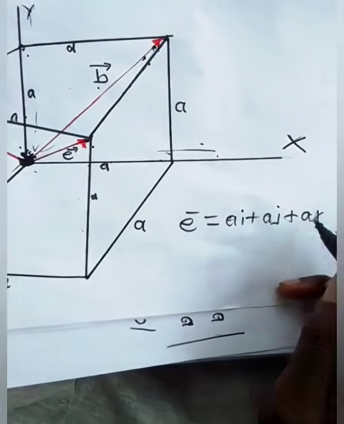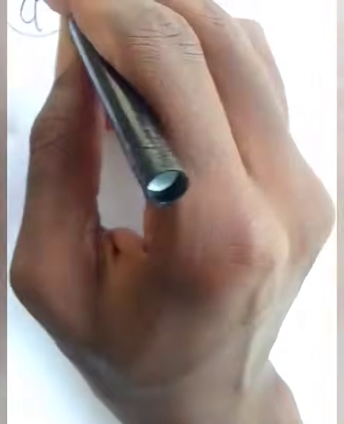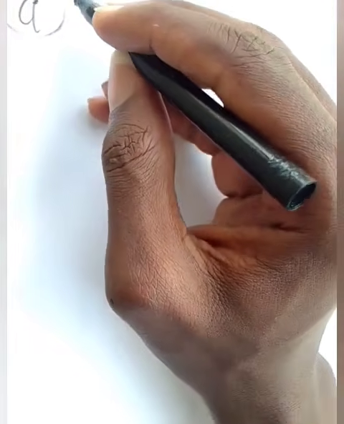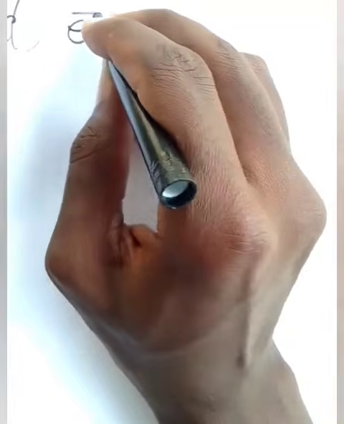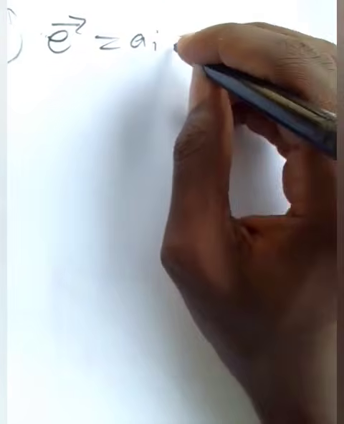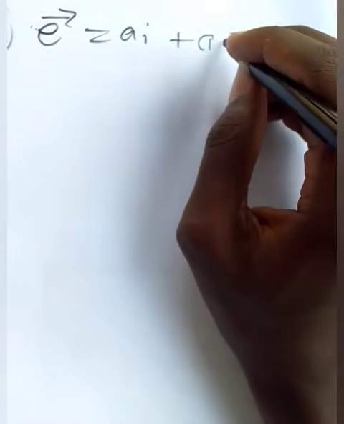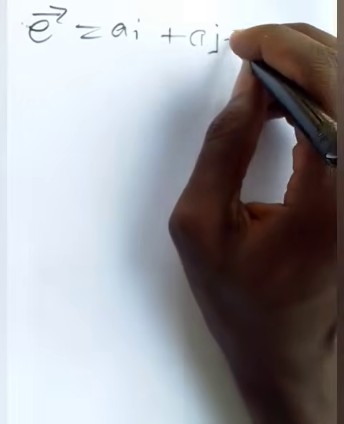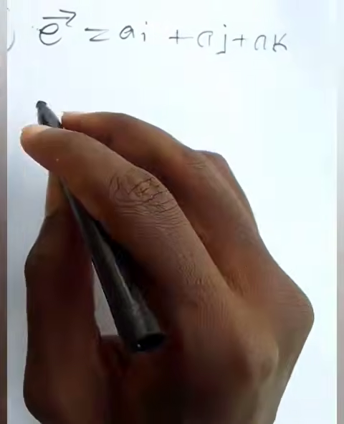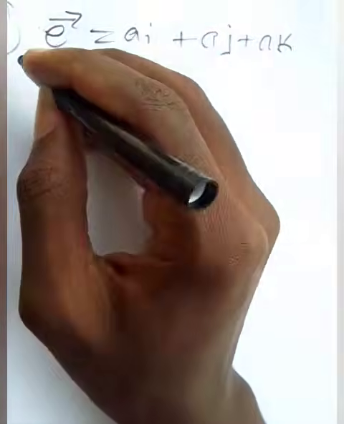Have you seen? So question D, they just want us to find the direction cosine. So we figured out that vector E is a i plus a j plus a k, right? So first let's find the resultant.